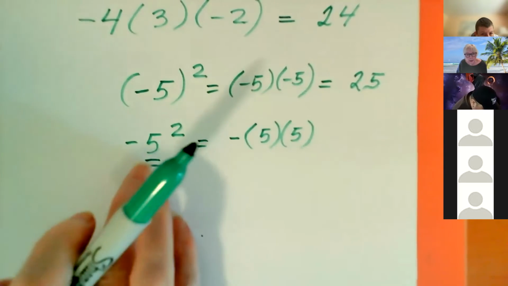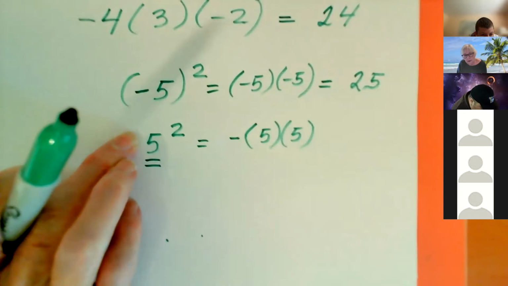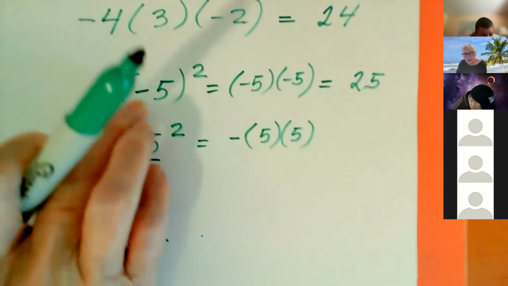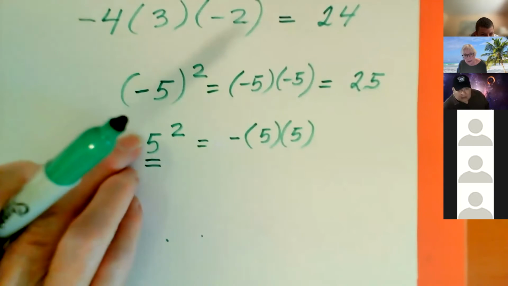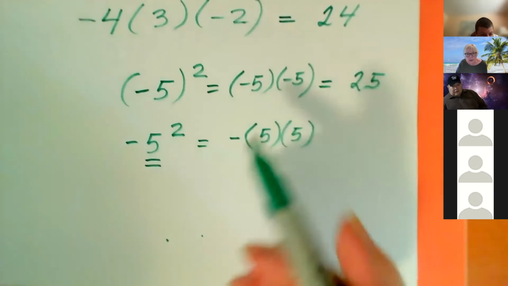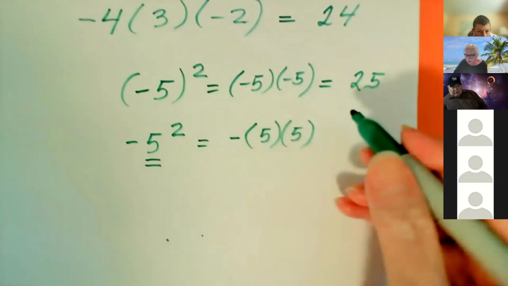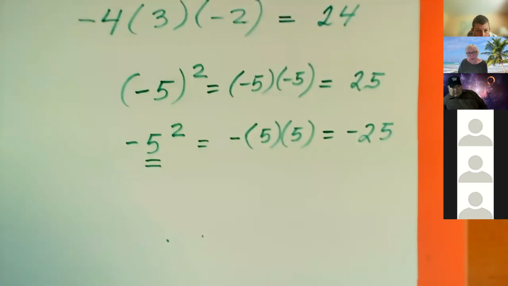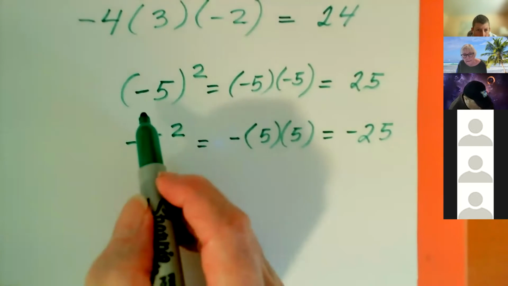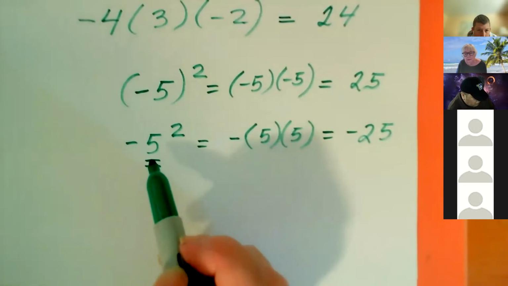The parentheses let you bring the negative in twice, but without it, it's just the 5. So 5 times 5 is 25. The opposite of that would be -25. The parentheses kind of say there's something to solve, and the one without parentheses is basically saying this is what it is.